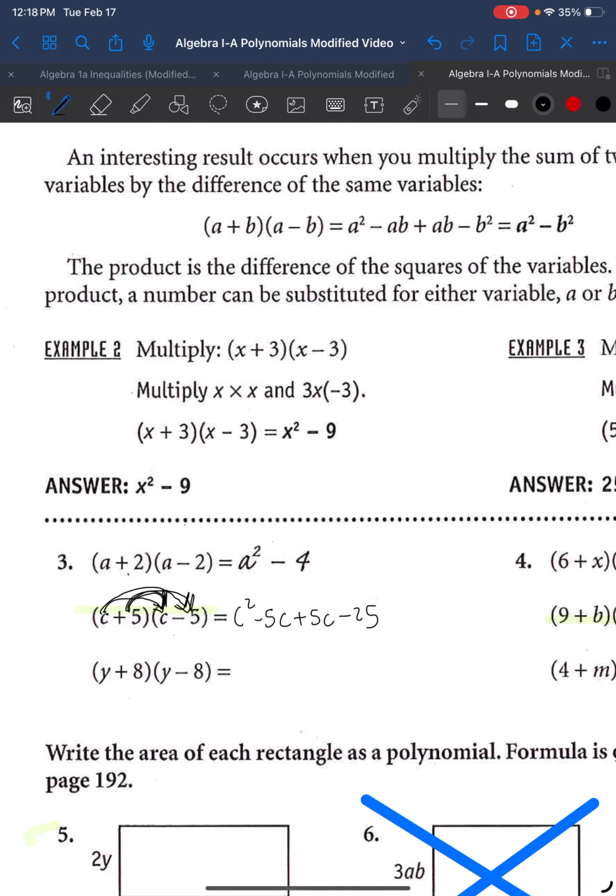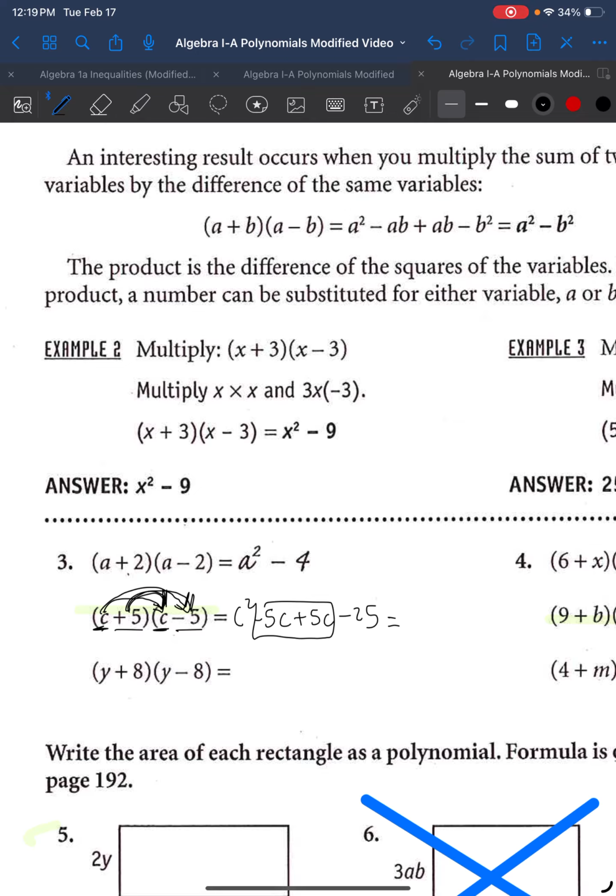So what it's showing you is if you have this letter being the same as this letter, and you have plus a number and minus that same number, it's going to be a lot simpler to simplify. So I have nothing to combine with c squared. But I can combine minus 5c and plus 5c, and that's just 0.